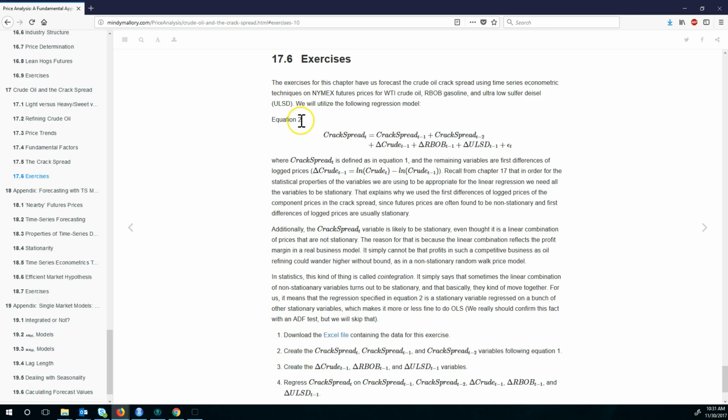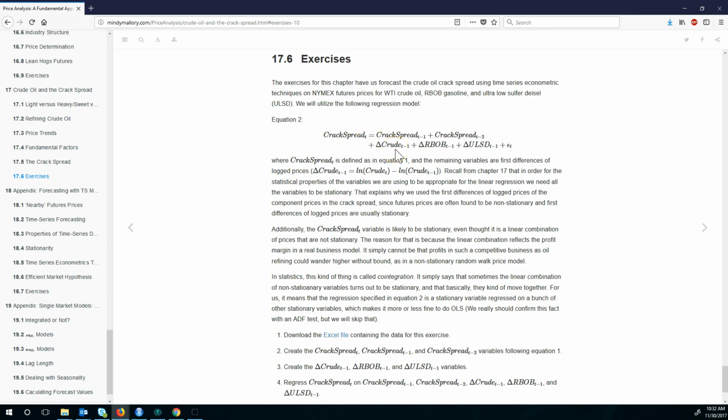The regression model that we're going to use is we're going to regress the crack spread on one lag of the crack spread plus a second lag of the crack spread plus one lag each of all the component prices. Now, I just made a judgment call on how many lags to include.